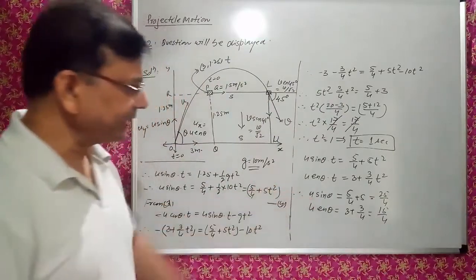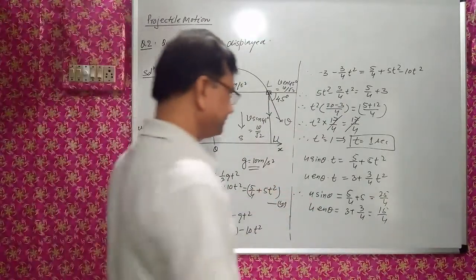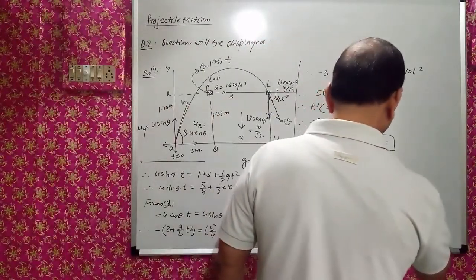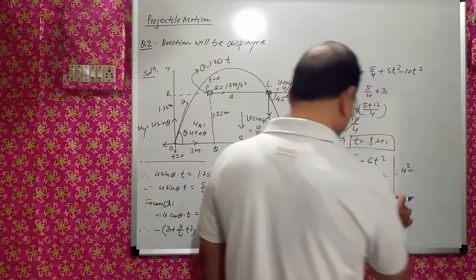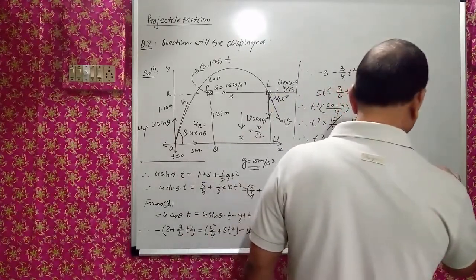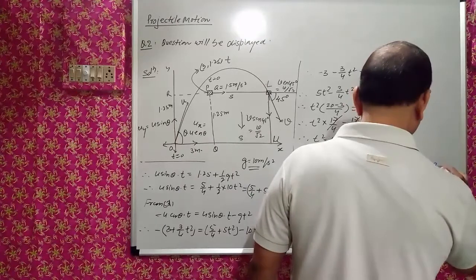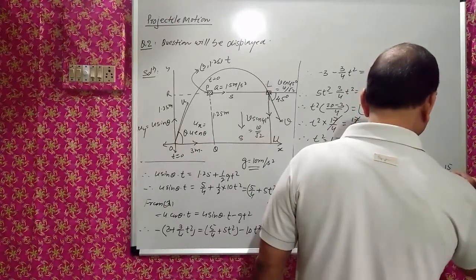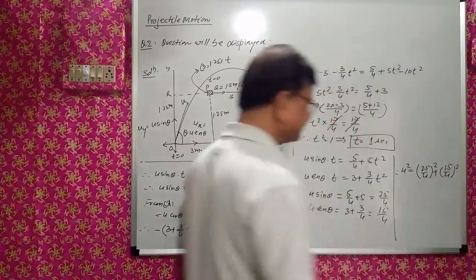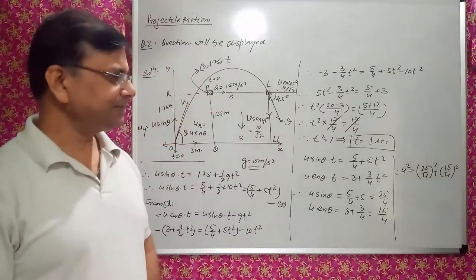Squaring and adding, we will get the value of u. Therefore, u square is equal to 25 by 4 whole square plus 15 by 4 whole square. It can very well be simplified.